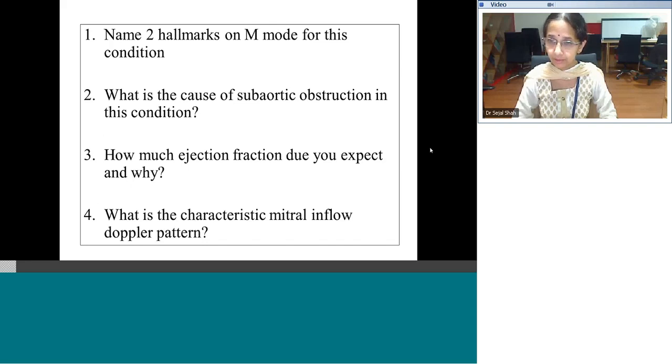Triphasic, is it regarding inflow Doppler pattern? The L wave. L wave is the name for which wave? Okay, so let's look into the answers.